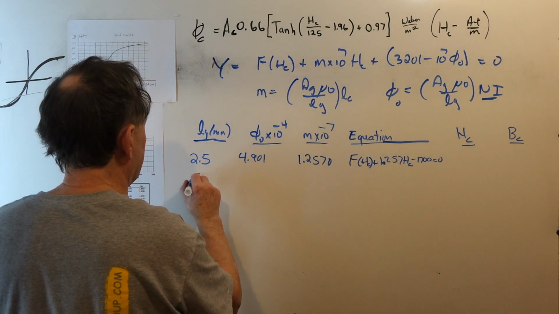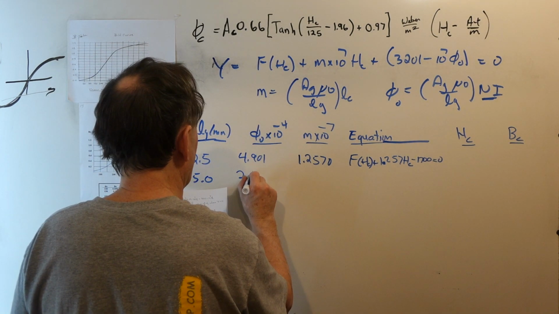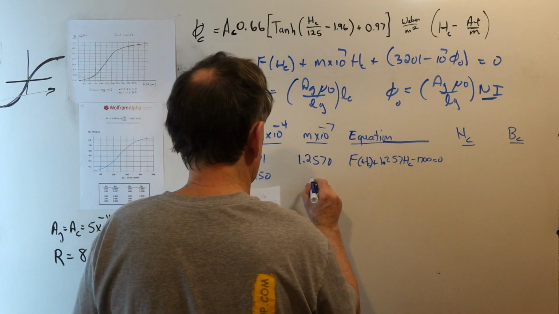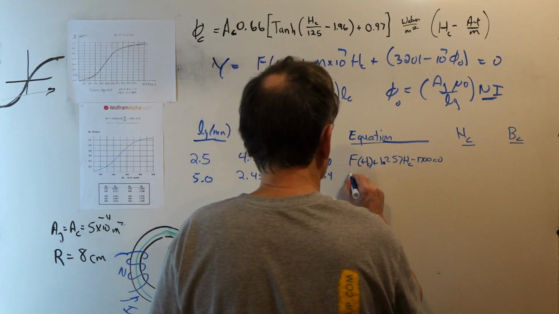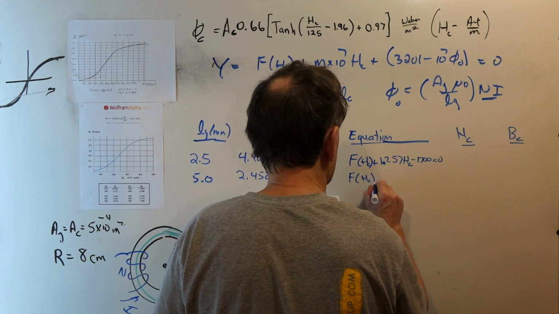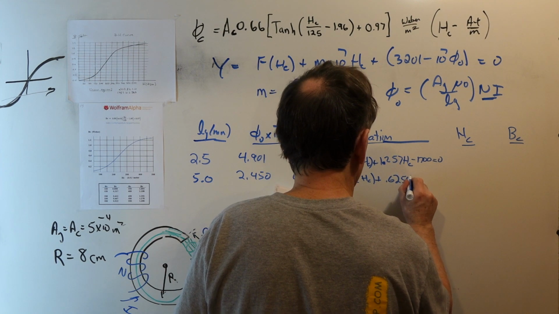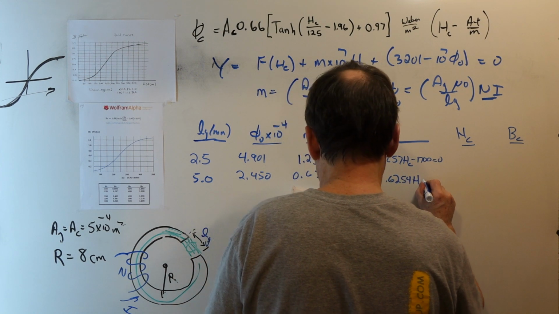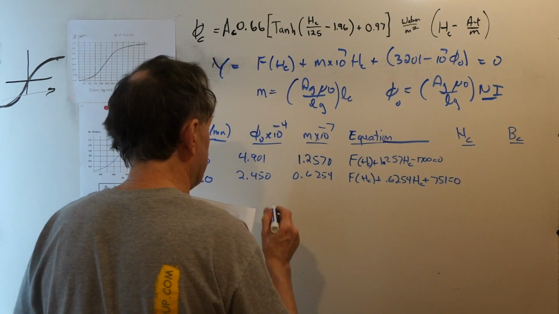Okay, for a gap of 5 millimeters, this is 2.450. This is 0.6254. This is F of HC plus 0.6254 HC plus 751 is equal to 0.